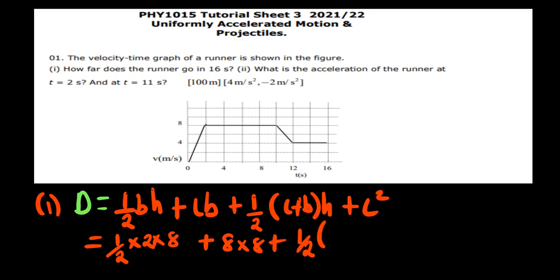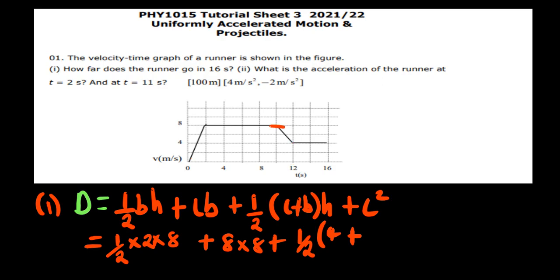we've got a half for our trapezium. The length, let's say it's from here to there, that is 4, plus the breadth, which we indicated as 4.